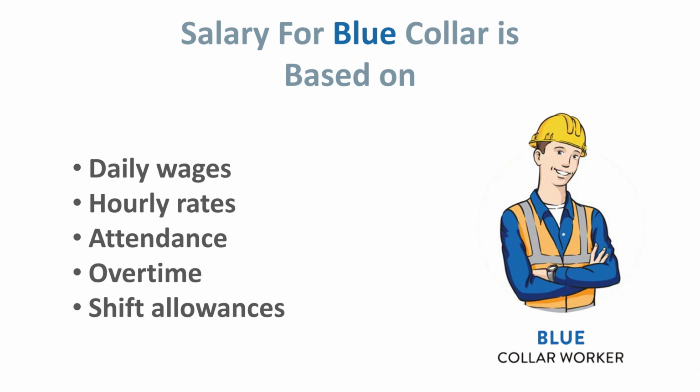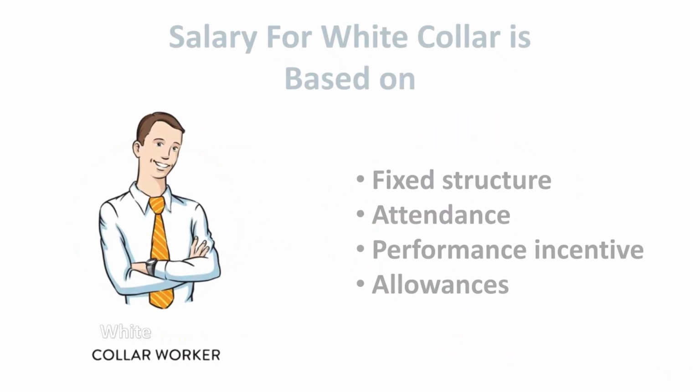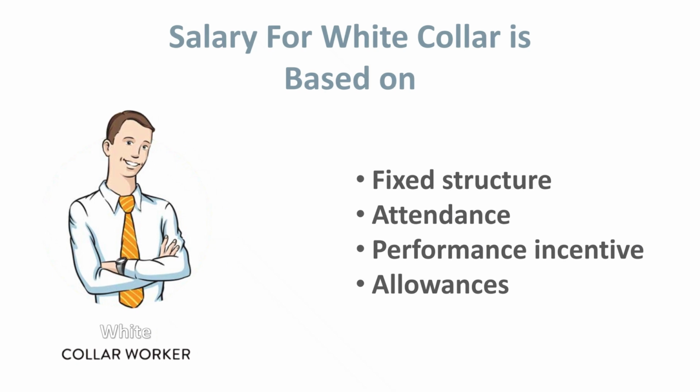White-collar employees, on the other hand, generally hold administrative or professional roles. Their pay is mostly monthly, with a fixed structure that includes components like basic salary, allowances, and performance incentives. In our payroll management software, both blue-collar and white-collar salary structures are created and maintained separately.